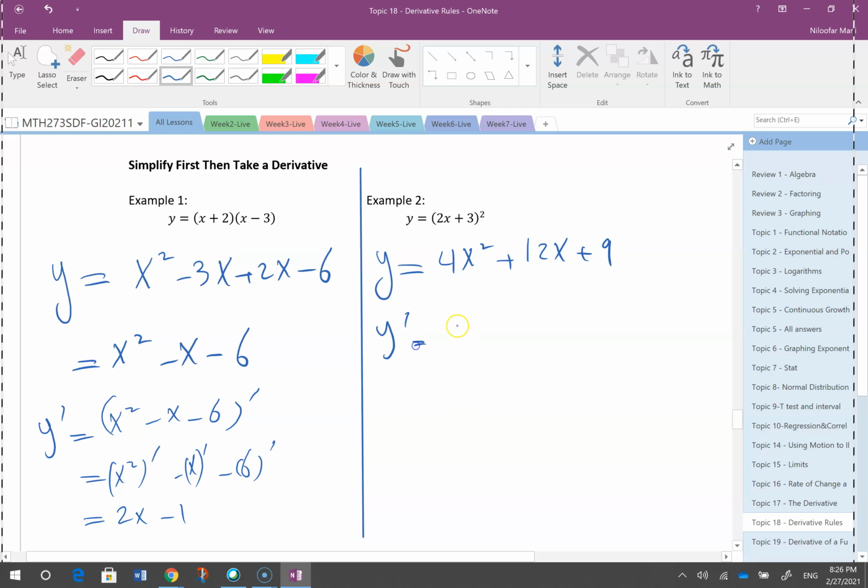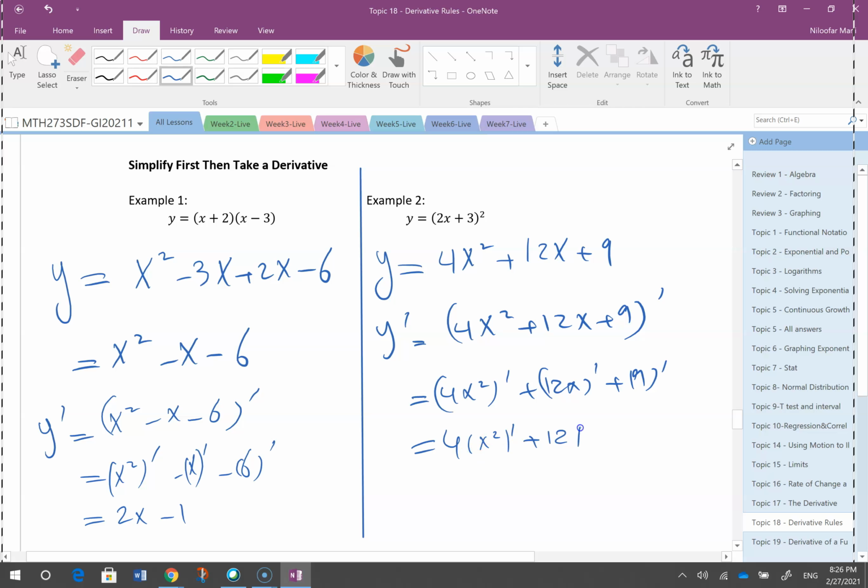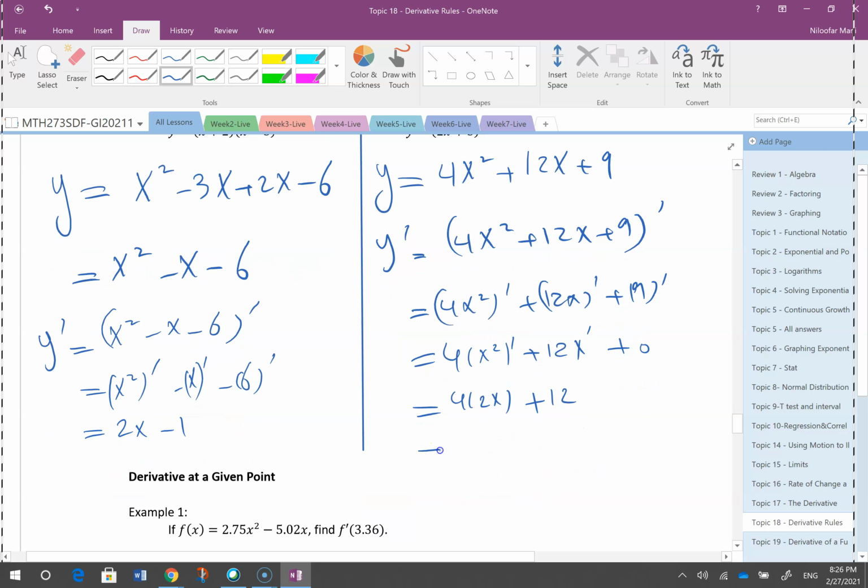Y prime is derivative of the other side, then derivative one by one, then this multiple that, and that's 0, which is 4 times 2x plus 12, which is 8x plus 12.